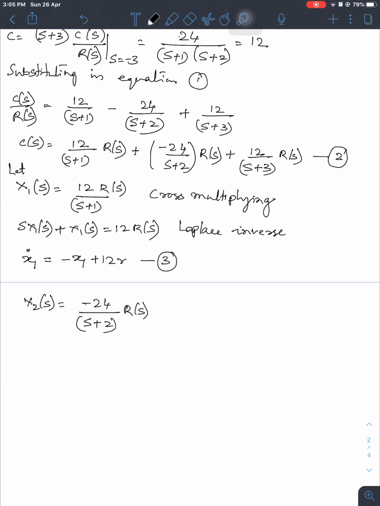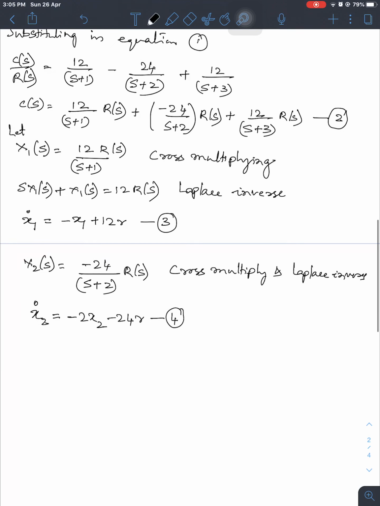So we will do the same thing, cross multiply and take Laplace inverse. What do we get? We get s into X2(s), Laplace inverse is x2 dot equal to minus 2x2 minus 24r. This is the equation 4.